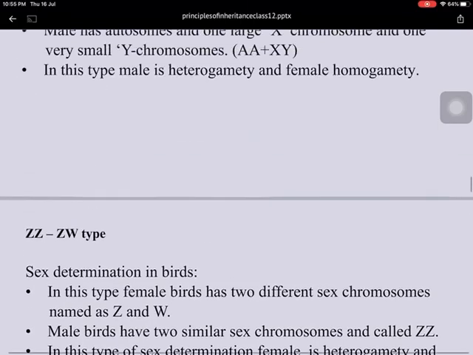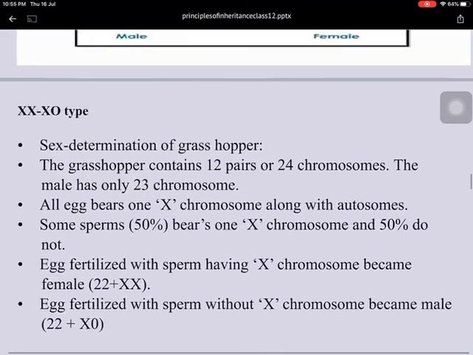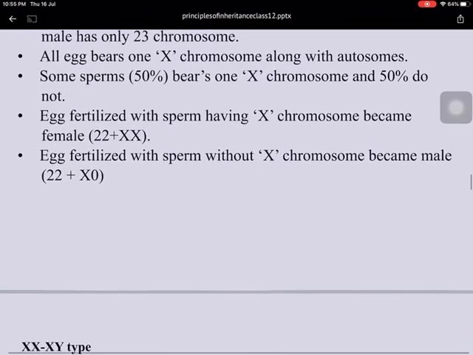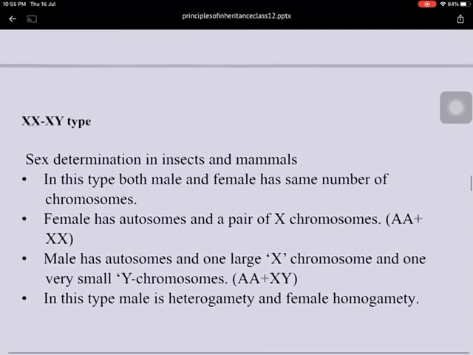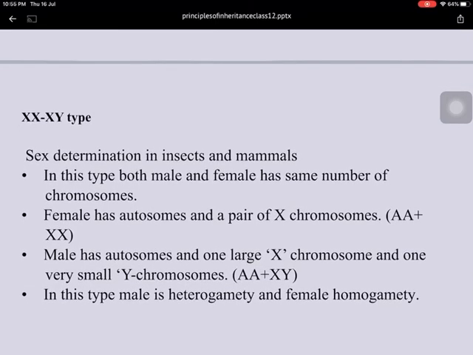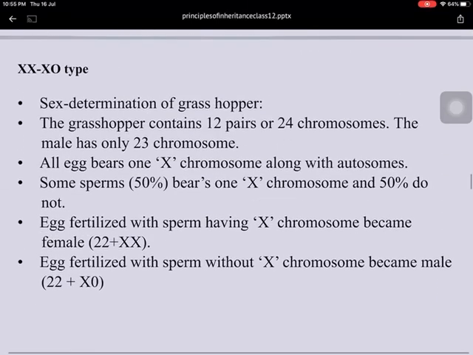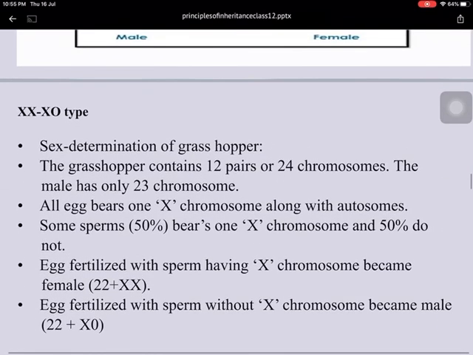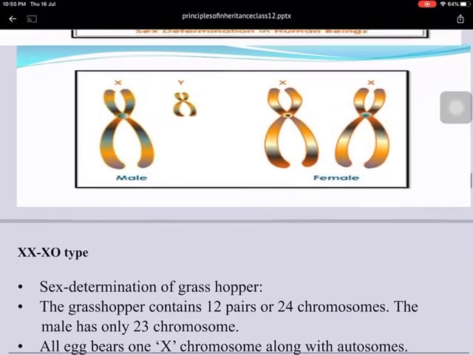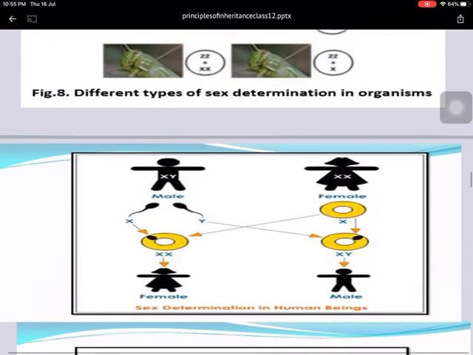So I hope all of you understood that. Like in human beings, there is the XX and XY type. That means female is homogametic and male is heterogametic. In the case of grasshopper, female is XX and male is X naught.